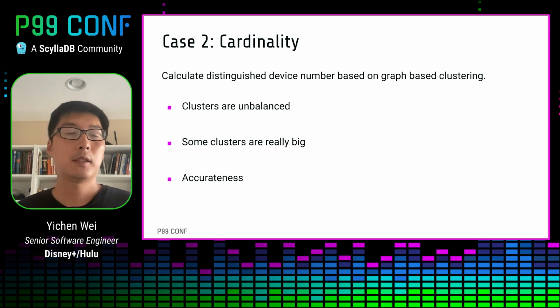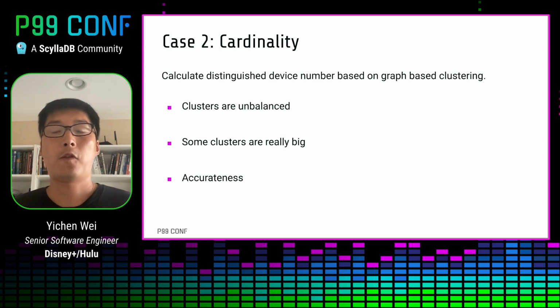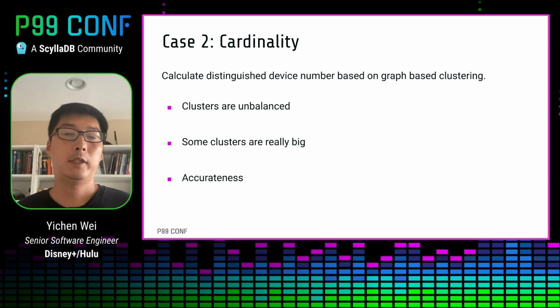The second case is to calculate the cardinality in our dataset. The requirement is that we want to calculate the unique device number from some results of the knowledge graph, and we have different clusters based on the knowledge graph.